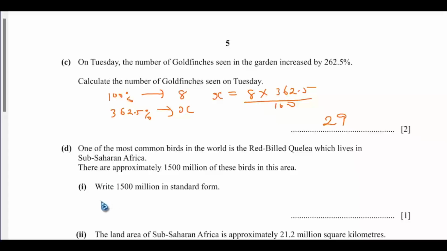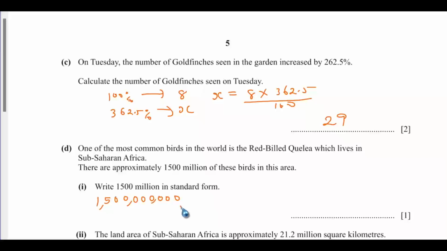So we are going to have 1, 5, then you have 0, 0. So you have 6 zeros now: 1, 2, 3, 4, 5, 6. If you count 1, 2, 3, comma, 1, 2, 3, comma, 1, 2, 3, comma. So 1,500 million is the same as 1.5 billion.